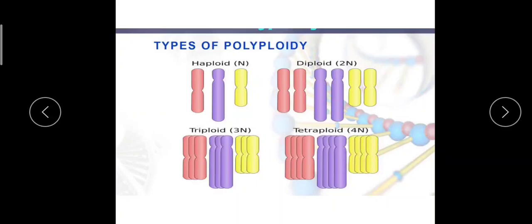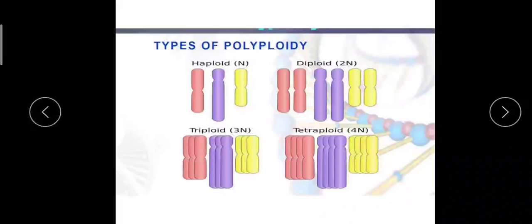Likewise, 5 copies or 6 copies may be present, and it may go on like this. Anyhow, if the number of chromosome copies in a particular cell or species is more than 2, or more than 2 pairs, then we call that condition polyploidy.